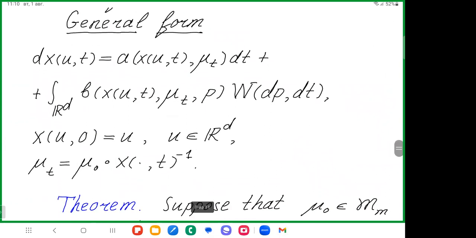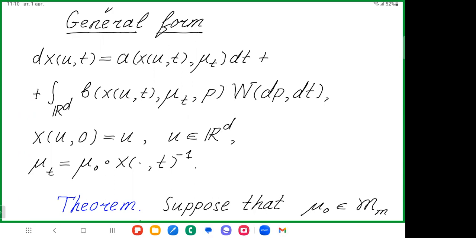You see, here we have the equation simultaneously for mu t and the flow. But when we discuss the smoothness properties of the mapping X, we can proceed as follows.